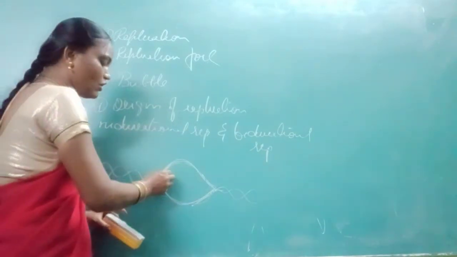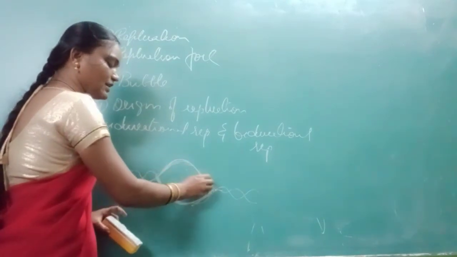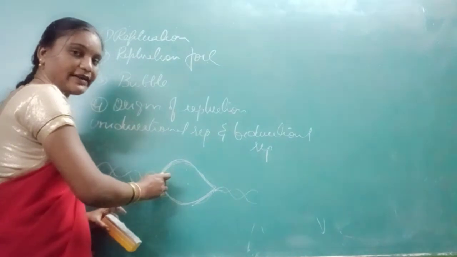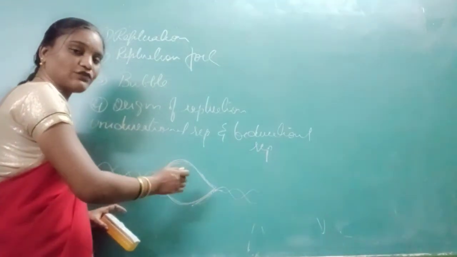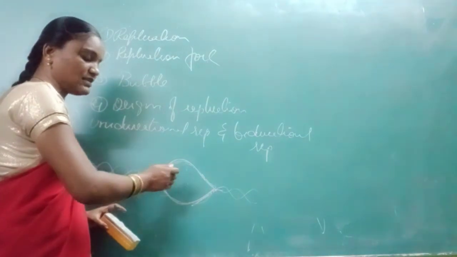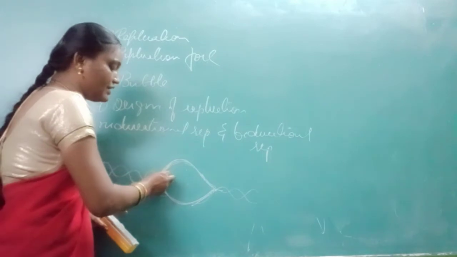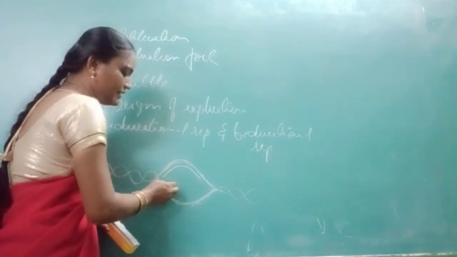Here, this is a template DNA strand. Based on this template strand, enzymes and proteins interact in a stepwise manner, and the mechanism of those enzymes results in the formation of the lagging strand and the leading strand.